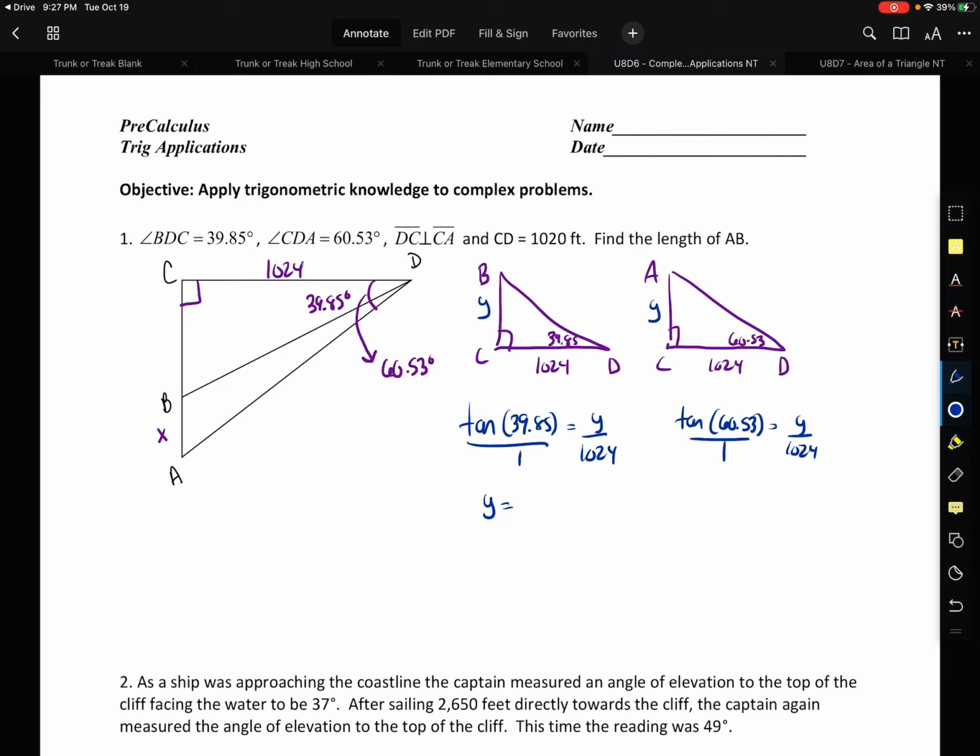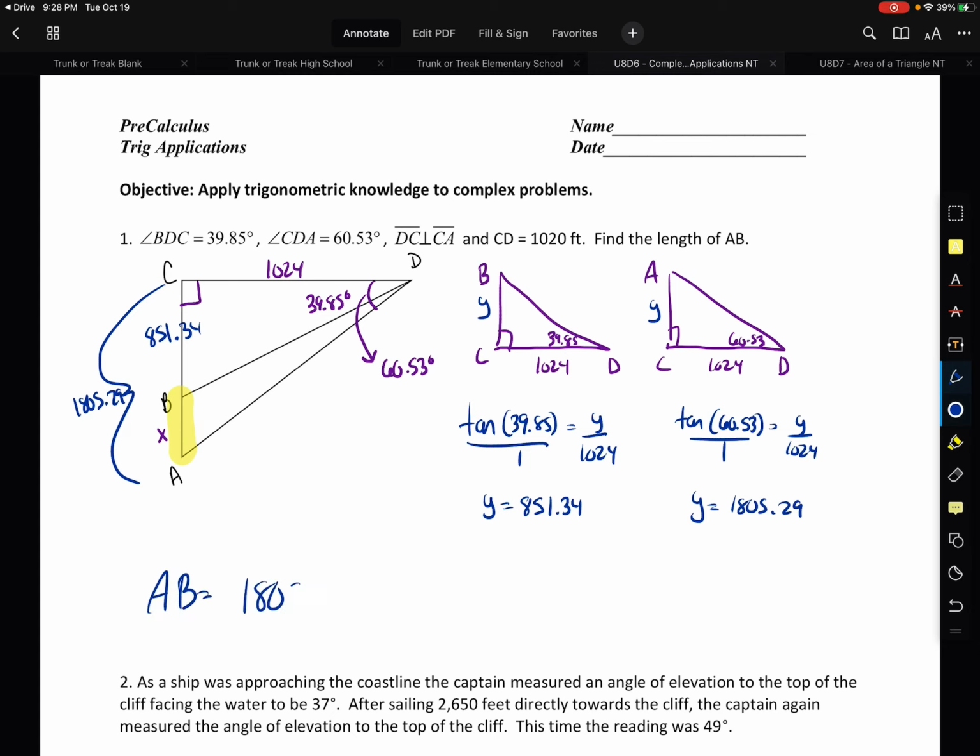If I cross multiply, y equals 851.34 for this one, and y over here equals 1805.29. Remember what this problem is asking for: the length of BA. I know that CB is 851.34 and CA is 1805.29.